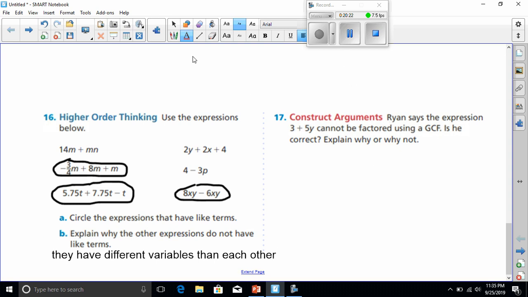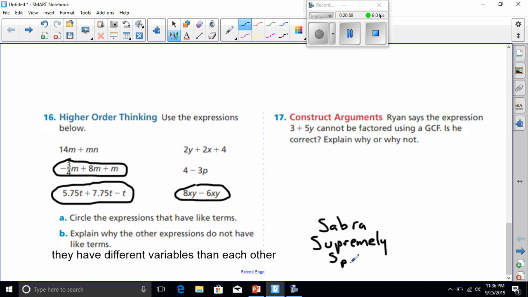Well, it's time for our secret code for this week. And I'm going to go ahead and put something that I'm eating here. It is called Sabra Supremely Spicy Hummus.